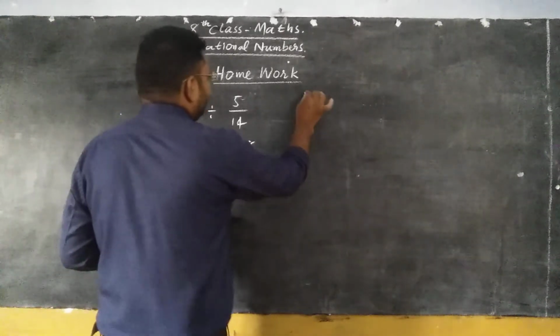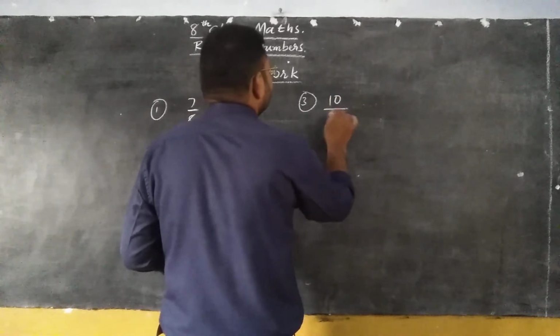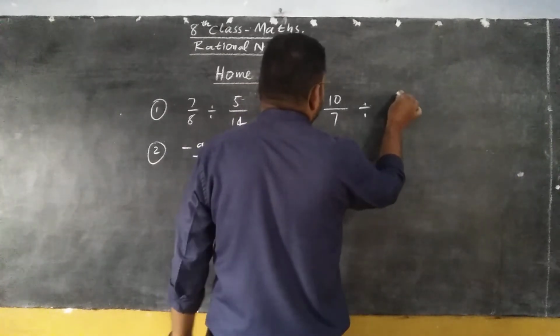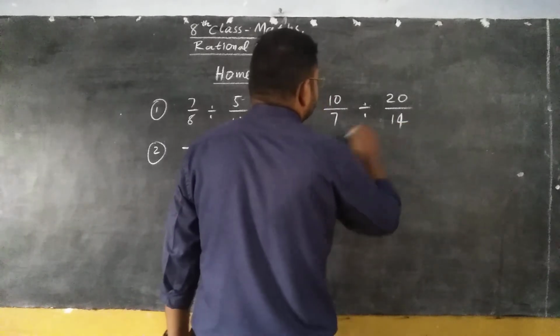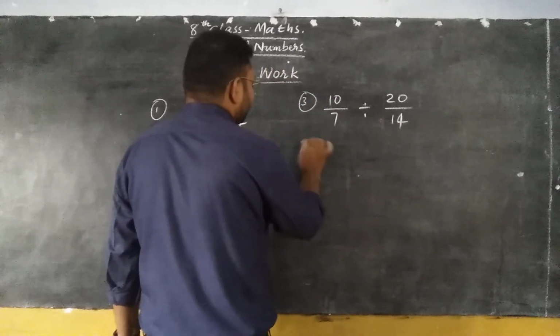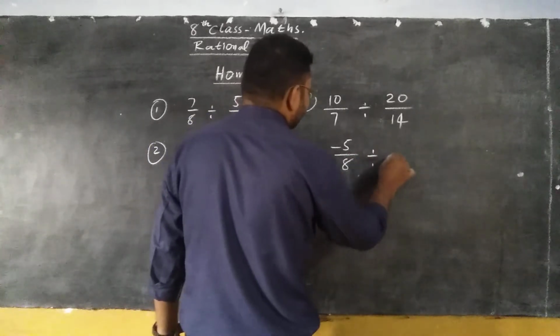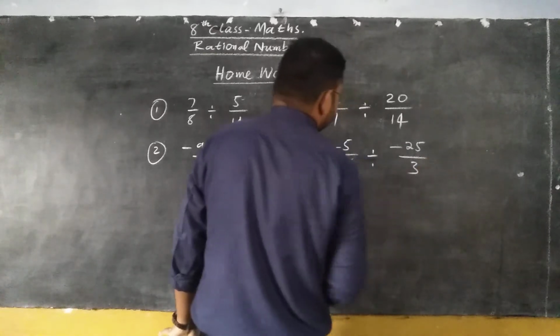The third problem, 10 by 7 divided by 20 by 14. Fourth problem, minus 5 by 8 divided by minus 25 by 3.